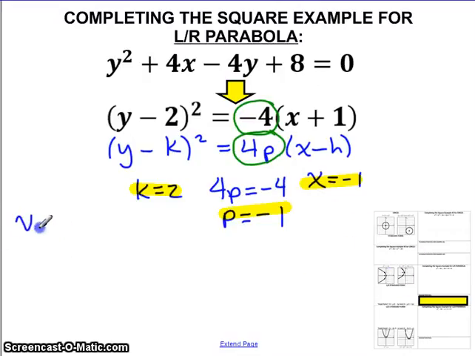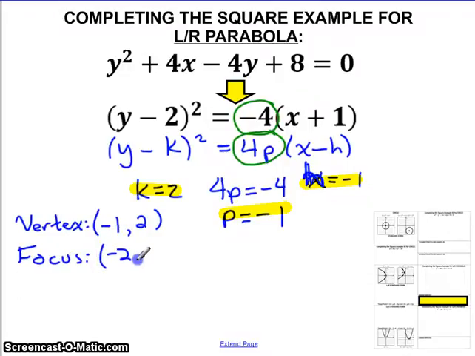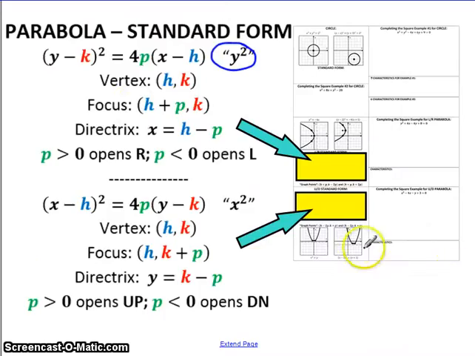These are the three numbers that we're going to need in order to graph this parabola. The three points of interest are going to be our vertex, which has coordinates of, I put x there, and what I really meant was h. So the vertex has coordinates of h, -1, and k, which is 2. The focus is going to be located at -2, 2. Where did we get the -2 from? When we calculate some of these characteristics, like the focus, the x coordinate of this point is actually a formula.